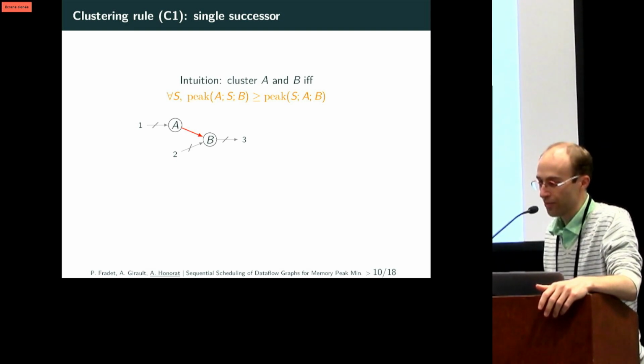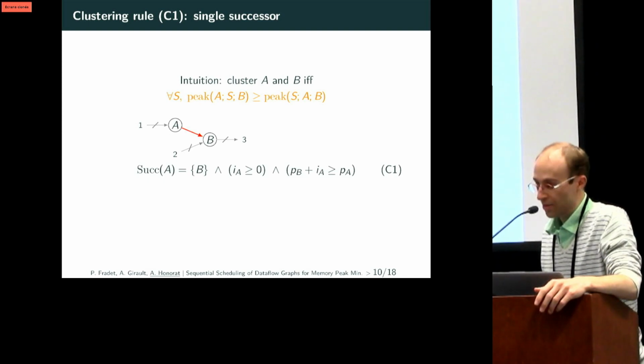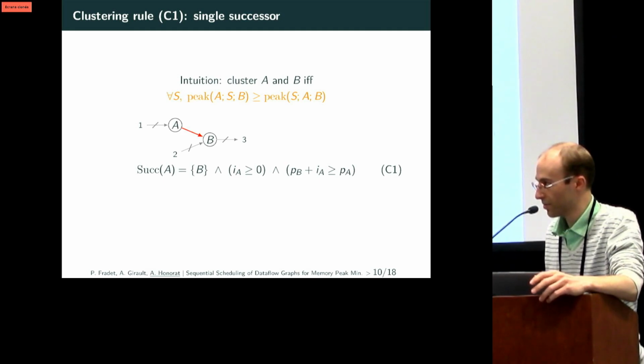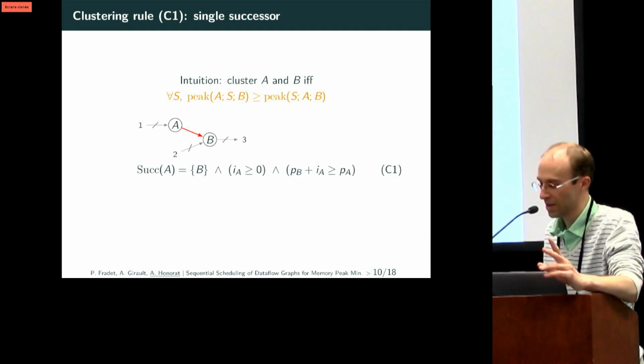And we have proven some conditions which ensure this property. So there is a topological part for this condition, a single successor for node A, and an arithmetical part on the impact and the peak of both nodes A and B, but not S.